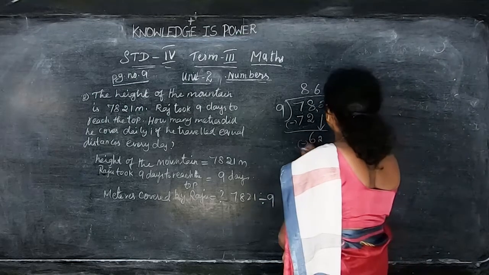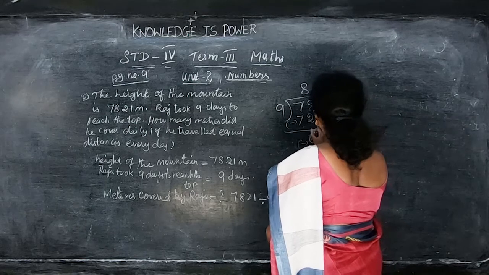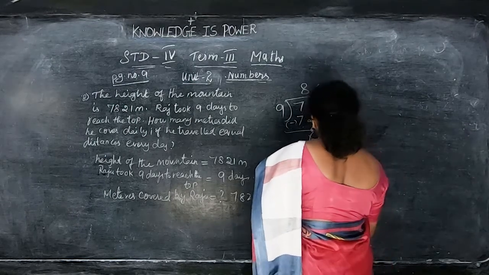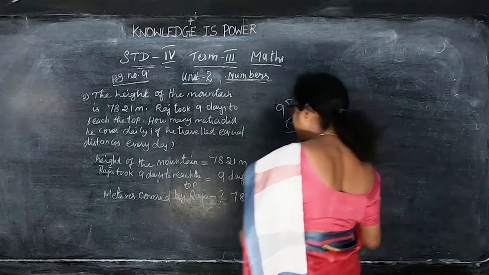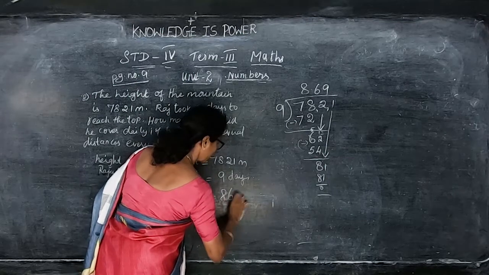Then you minus, 12 minus 4 gives you 8. This will become 12 and this is 5 and 81. 9 9s are 81. So he covered a distance of 869 meters.